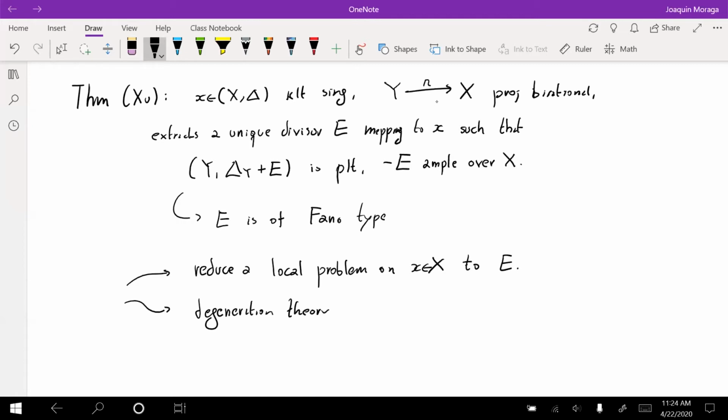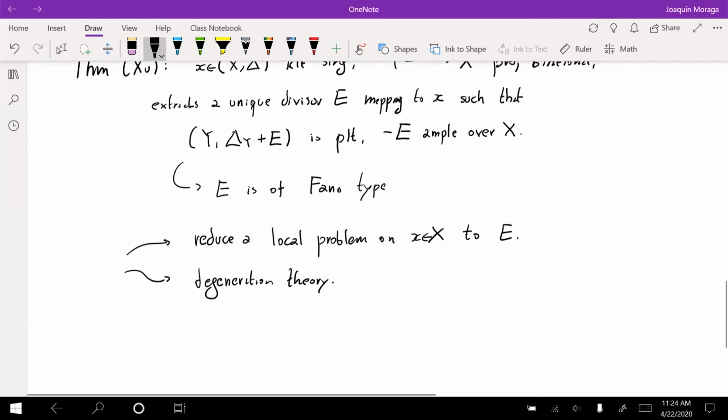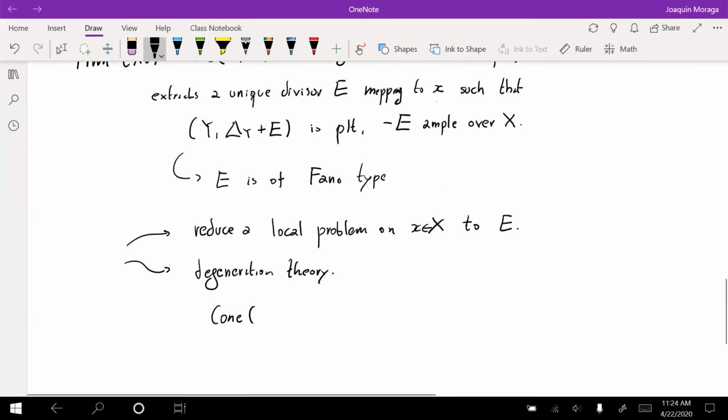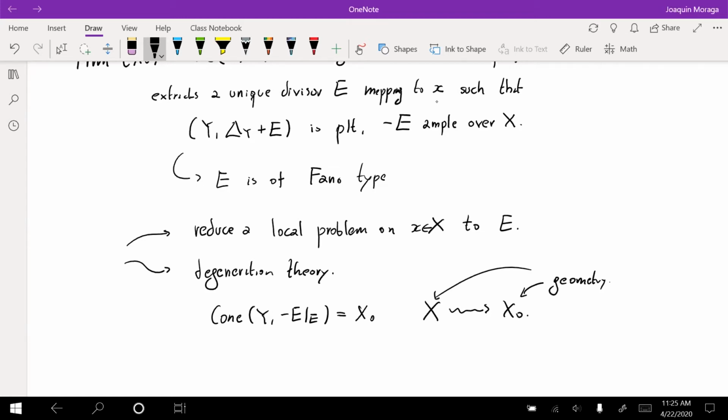So essentially, one tries to degenerate the singularity to the cone over E. So you just do the degeneration to the normal cone of E in Y. So you have the cone over E with the polarization given by the restriction of −E to E, and that's what we call X naught. And you can actually see that your singularity X degenerates to the singularity X naught. And sometimes you can use some geometry here and try to extend results to the starting PLT singularity.